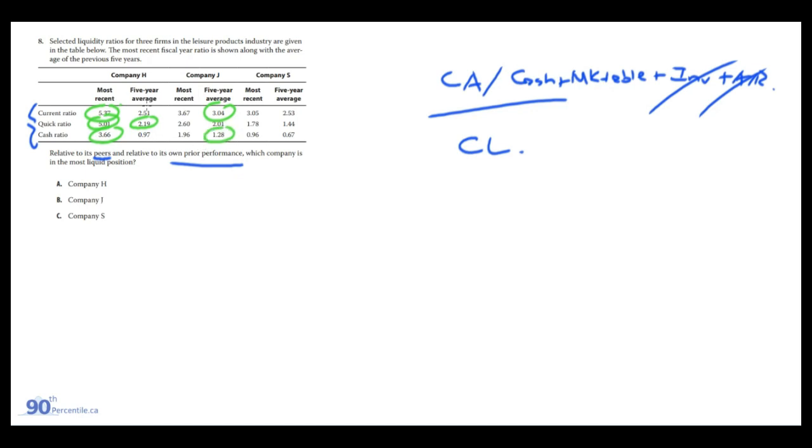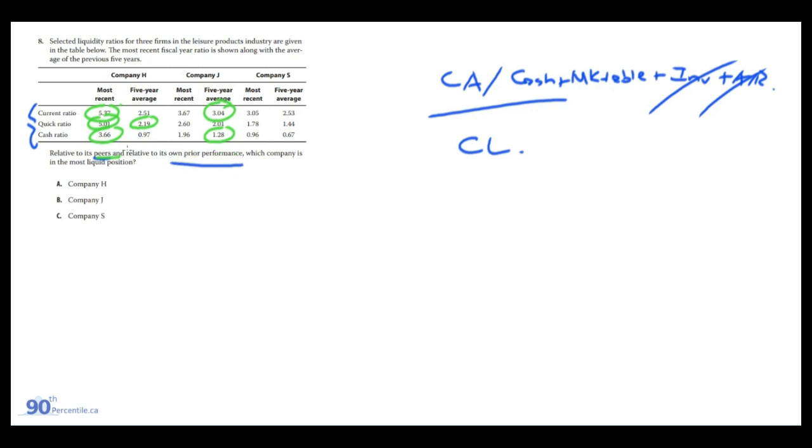So here, when you're given some conflicting data in terms of who's more liquid based on some ratios, there is a bit of judgment involved, right? It's not an exact science, but here, like we said, we're comparing it relative to peers and its own prior performance.